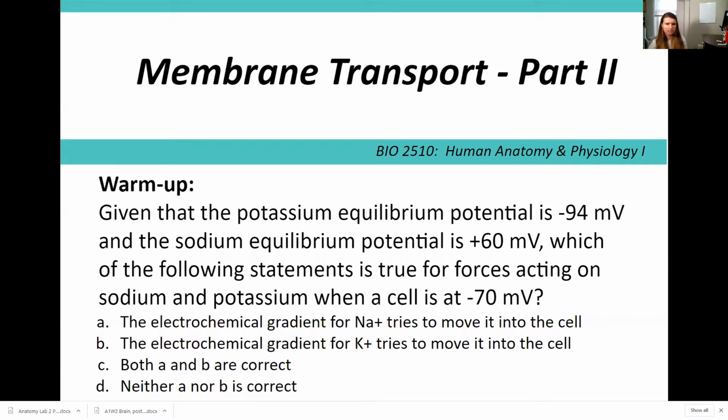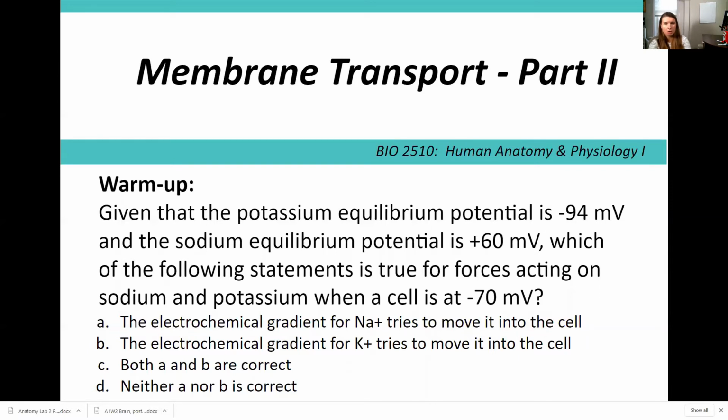If our cell is at negative 70, I'm going to look at potassium first because that's the first equilibrium potential we get. If we're at negative 70, to get to negative 94, with potassium, which is a cation, a positively charged ion, we want to get the cell from negative 70 to negative 94.